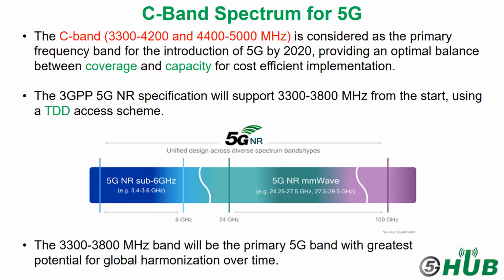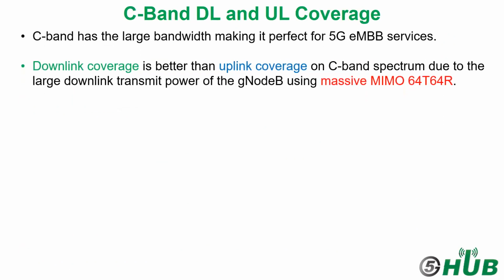But what about the coverage status of the C-band for 5G? Compared to lower frequency bands such as 1.8 GHz, 3.5 GHz presents some coverage challenges, as higher frequencies lead to lower signal propagation.